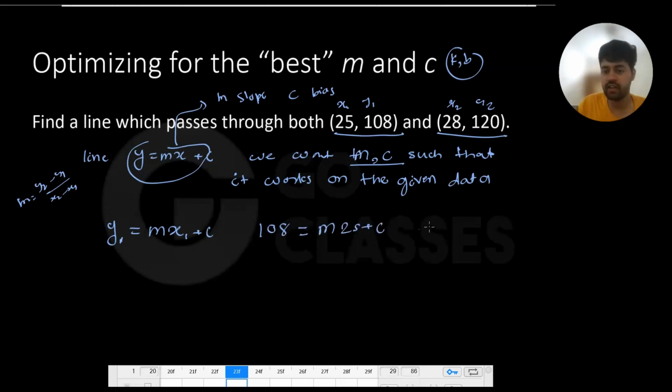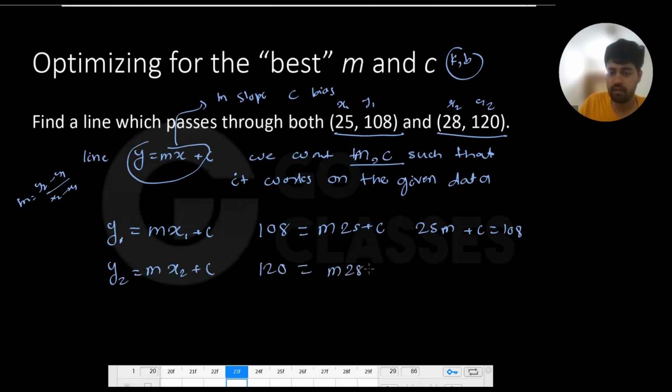So the equation that I get is 25m plus c is equal to 108. Then again, we have y2 is equal to mx2 plus c. And here we have 120 is equal to m into 28 plus c. And then 28m plus c is equal to 120.